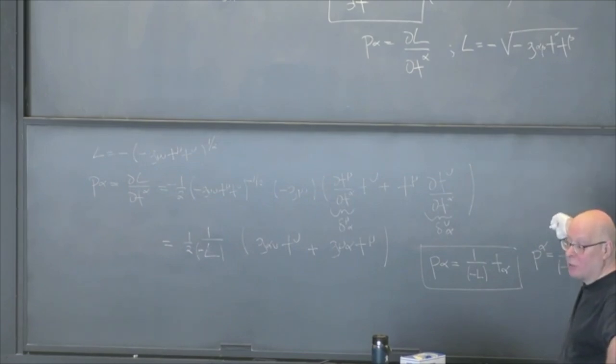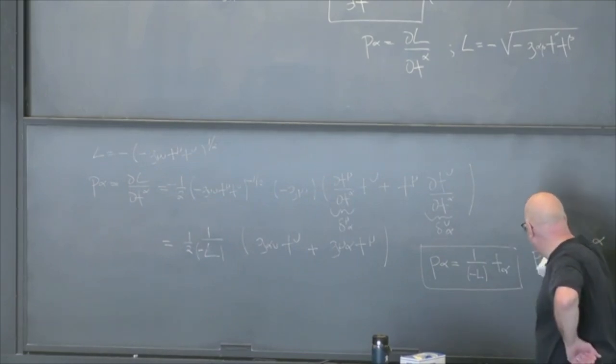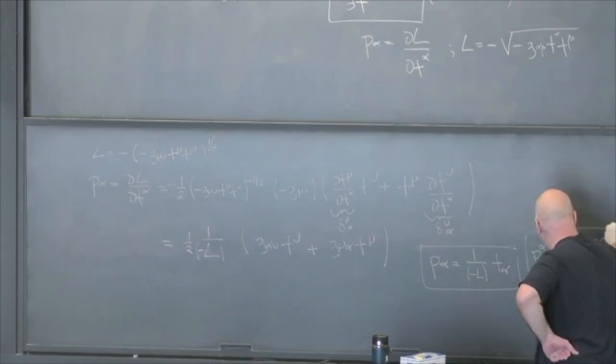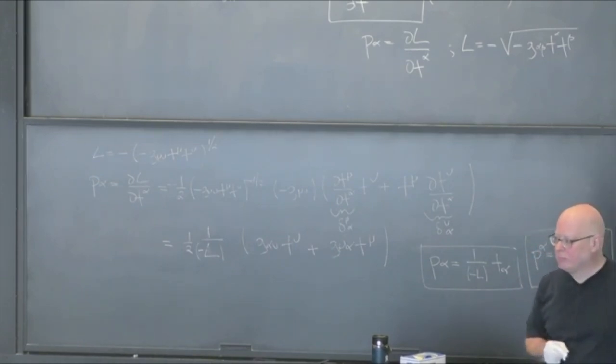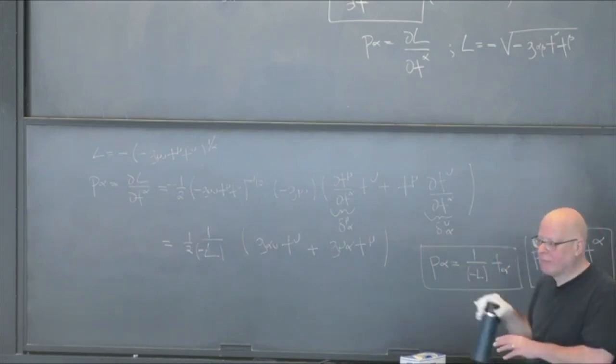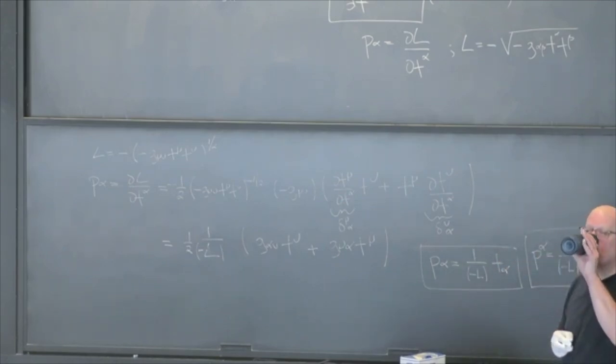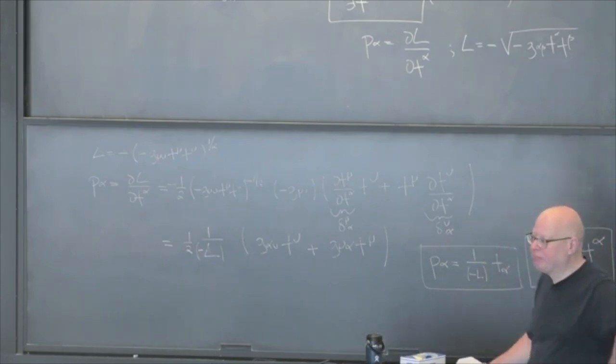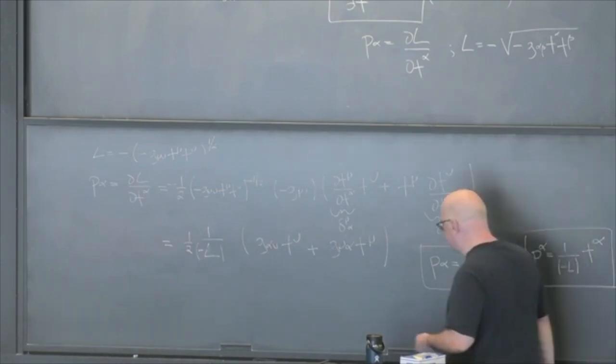So minus L is a positive. So I just have a rescaled version of the tangent vector in the momentum vector. Still with me? Okay, so now we can see what this means in terms of the geodesic equation.